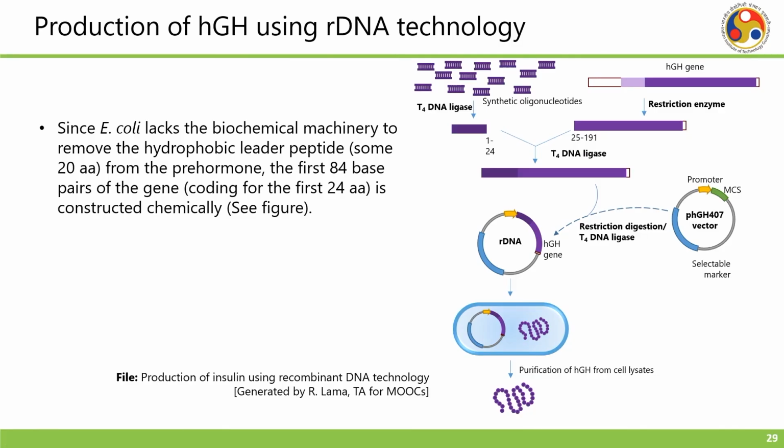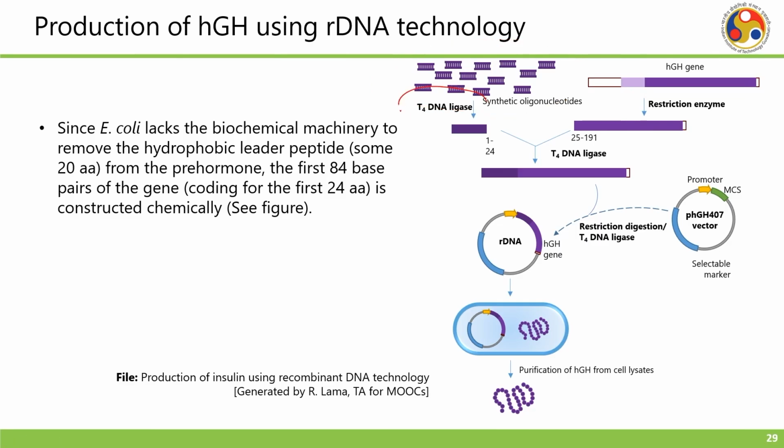So, here is the process for the production of human growth hormone using rDNA technology. E. coli lacks the biochemical machinery to remove hydrophobic leader peptides, which are some 20 amino acids from the pre-hormone. So, you have this human growth hormone gene, and we undergo restriction digestion, and these are the synthetic oligonucleotides.